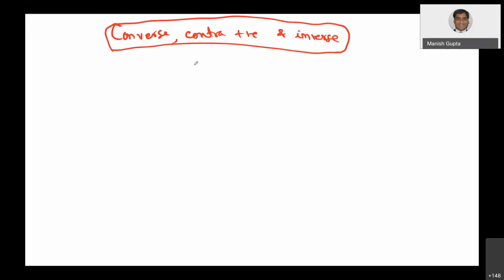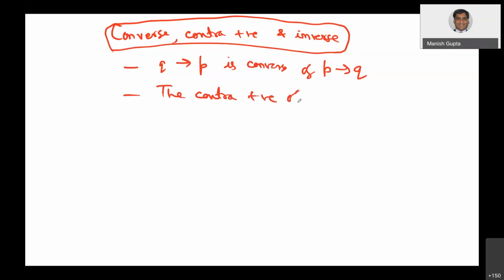So the first thing: Q implies P is the converse of P implies Q. Similarly, the contrapositive of P implies Q is negation of Q implies negation of P. I think we have seen this in one of the proofs in the last class.